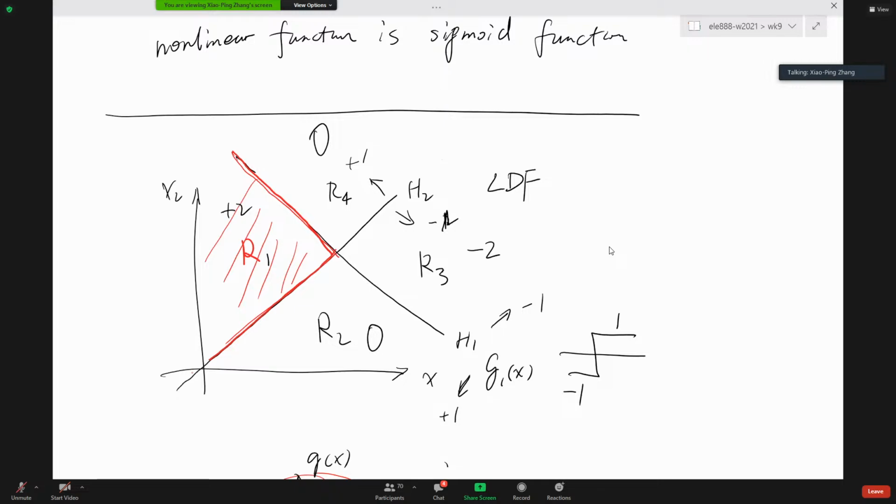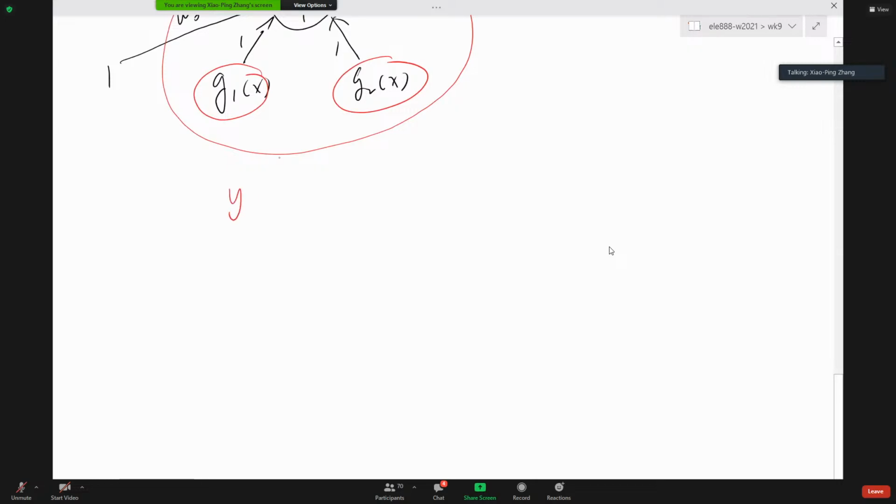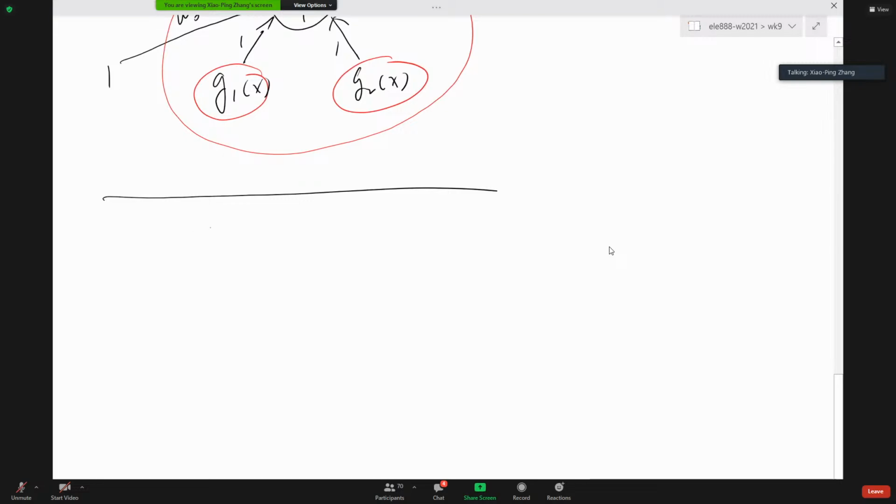Here is some additional knowledge. Linear regression is basically y equals wx, where this is a vector, this is the coefficient, and this is the scalar.